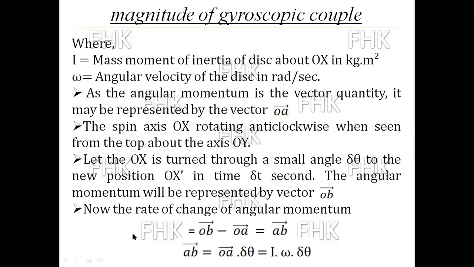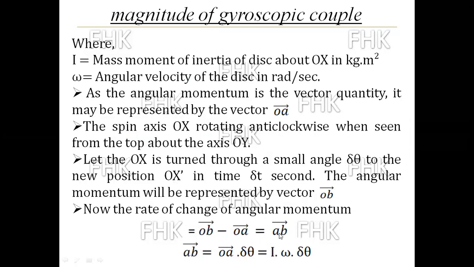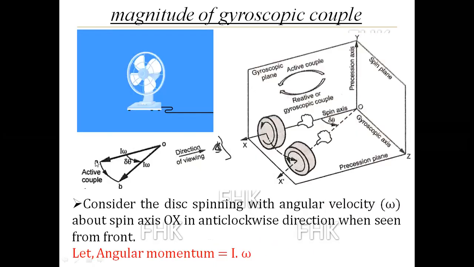Now, the rate of change of angular momentum is equal to vector OB minus vector OA. OB, the final position, minus OA, the initial position, is equal to vector AB.